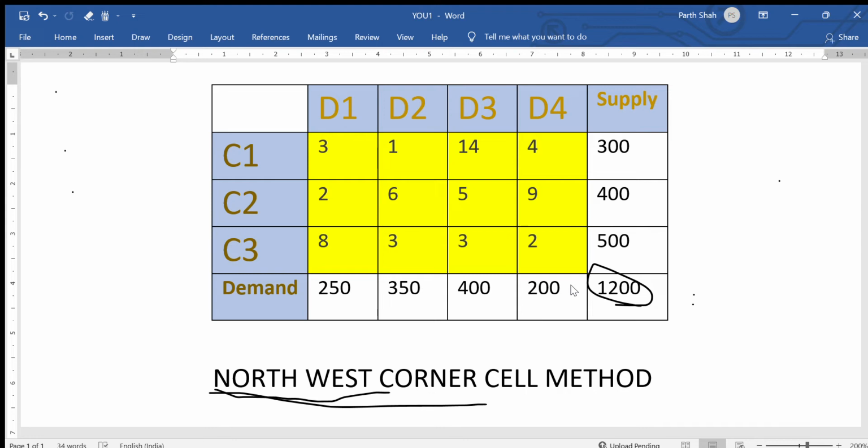We'll discuss that later. At present, we are just focusing on the balanced problem.